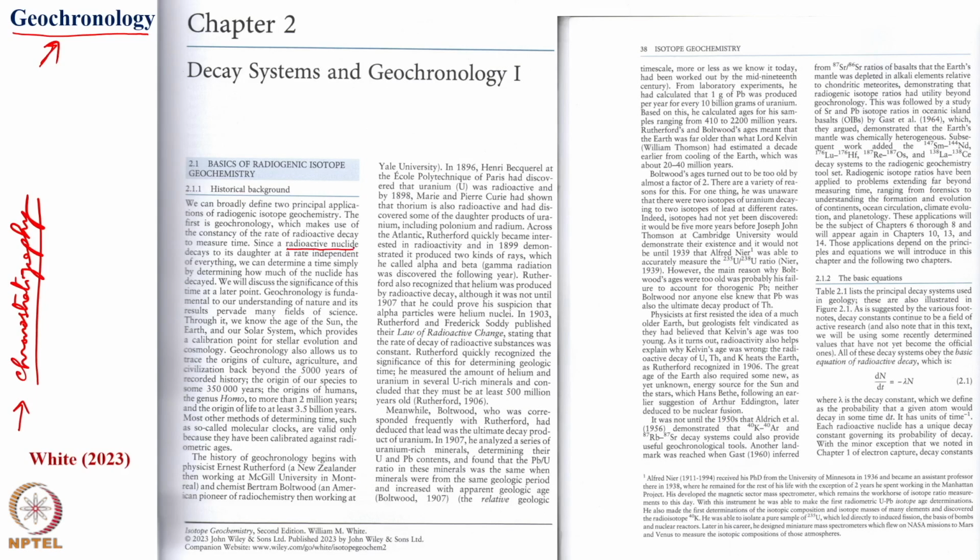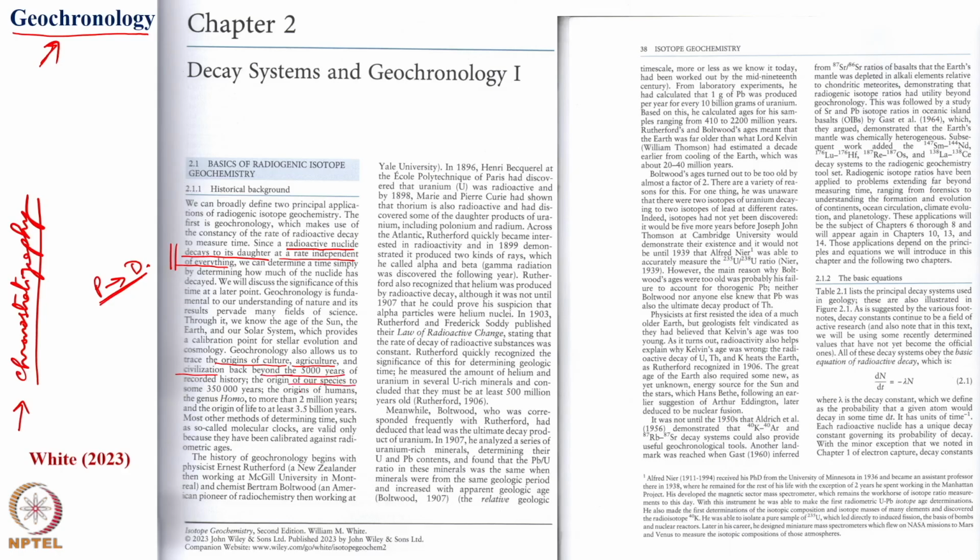A radioactive nuclide parent decays to the daughter, and its rate of change is independent, and this is the fundamental information applied in geochronology. Not just dating of the rock, but geochronology has allowed us to trace the origin of human culture, agriculture and civilization, and these originated more than 5,000 years back.